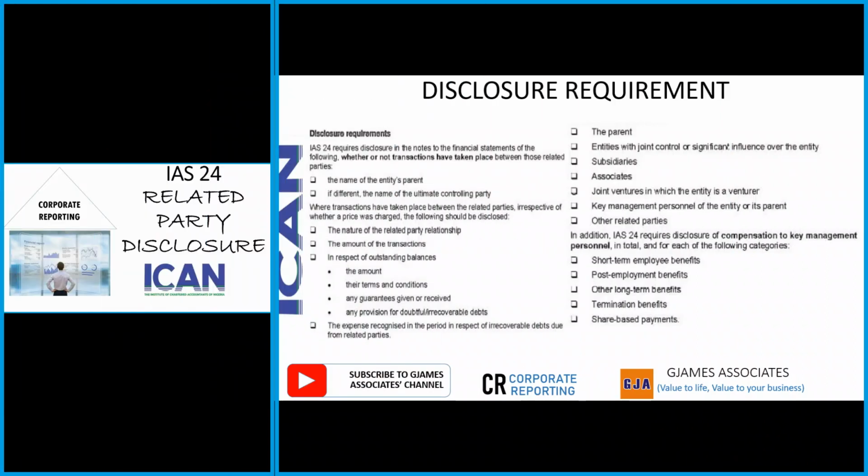What are the disclosure requirements that IAS 24 demands from us? The name of the entity, especially the parent organization. Don't forget, these are natural related party transactions that we are talking about.